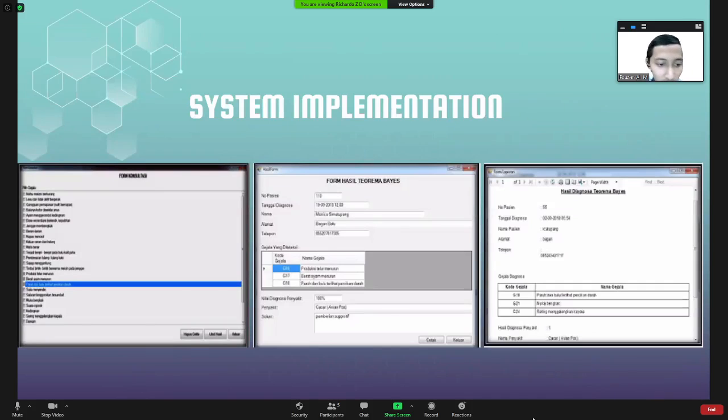Now for the system implementation, the application was developed using unified modeling language, the Visual Basic 2010 programming language, and MySQL database, which means the data is inserted into the database. And the same for the Bayes method, it is implemented into a chicken disease determination system with Visual Basic 2010 and unified modeling language.